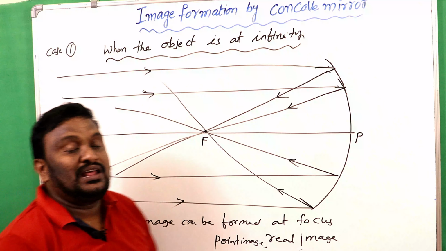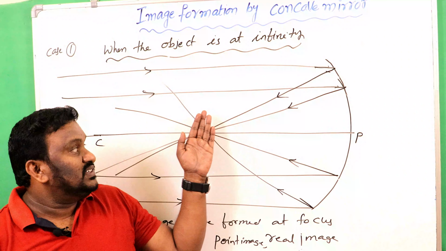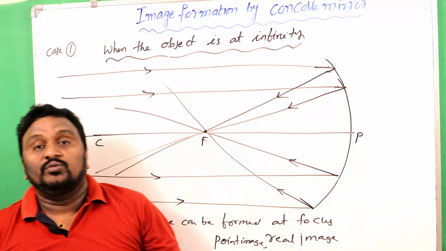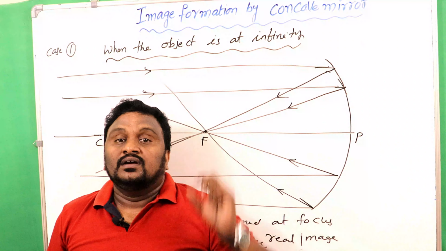What is meant by a real image? The image that can be captured on a screen is called a real image. That means if we keep the screen at this point of focus, we will find the image. The nature of the image: it is a point image, and it is real.